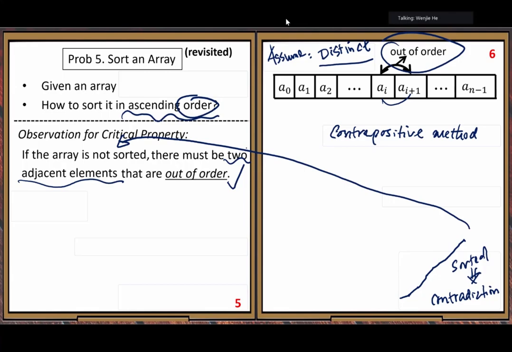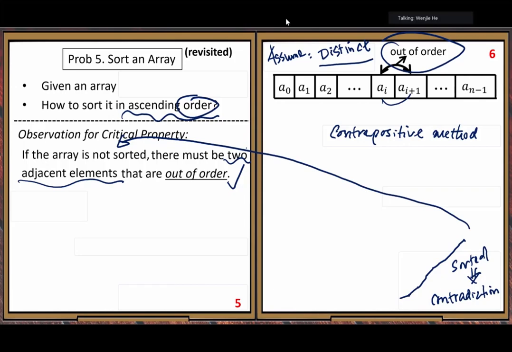So the negation of the conclusion statement is wrong. That means the conclusion statement is correct. So this is the contrapositive method. Very powerful when you want to show a certain statement is correct. Now we have proved this statement is correct.